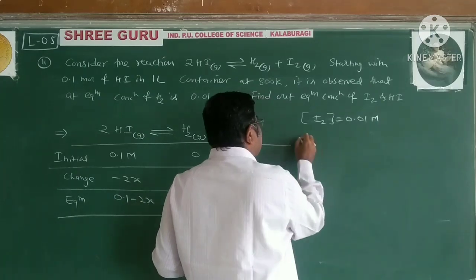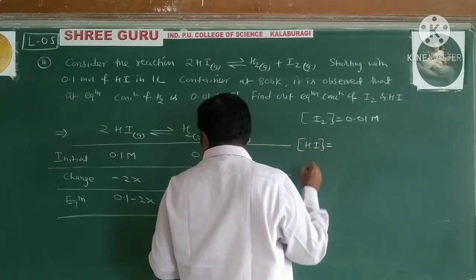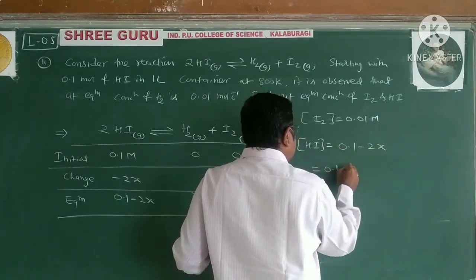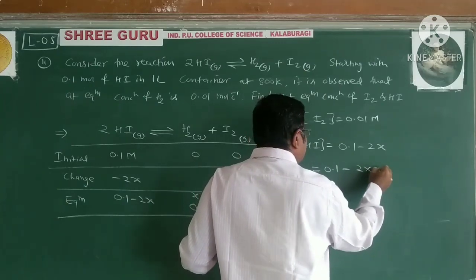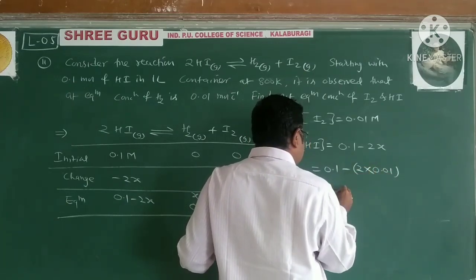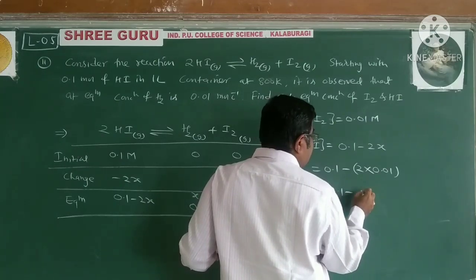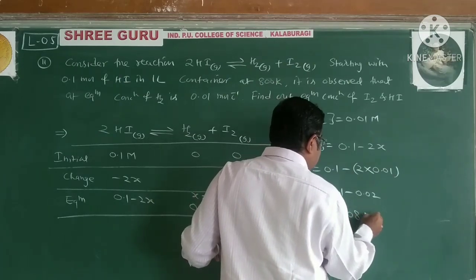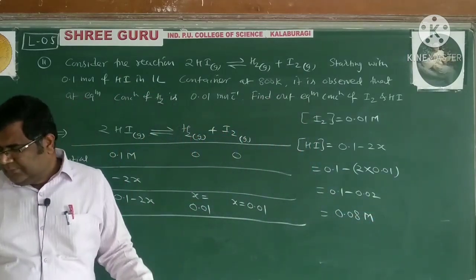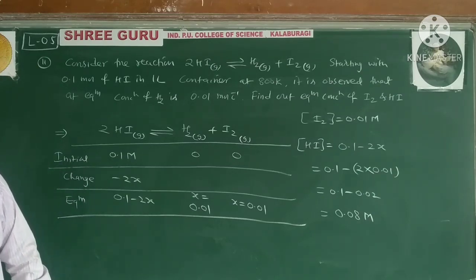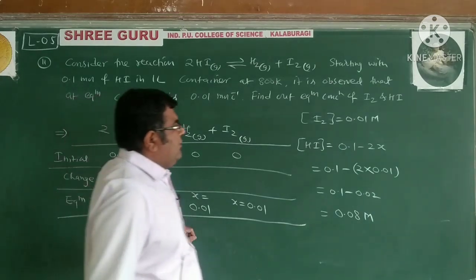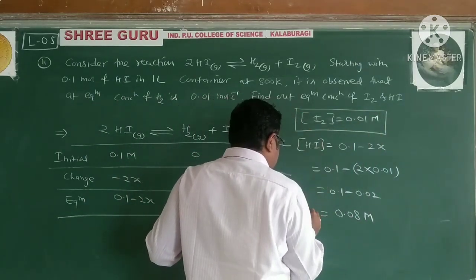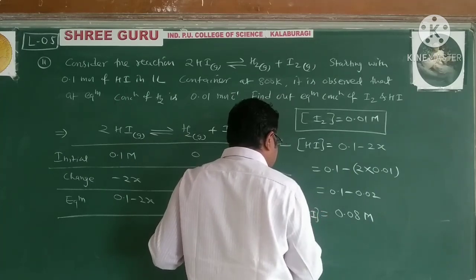And what about hydrogen iodide? Hydrogen iodide is 0.1 minus 2x. 0.1 minus 2 multiplied by 0.01. 0.1 minus 0.02, and they ask the concentration of hydrogen iodide.